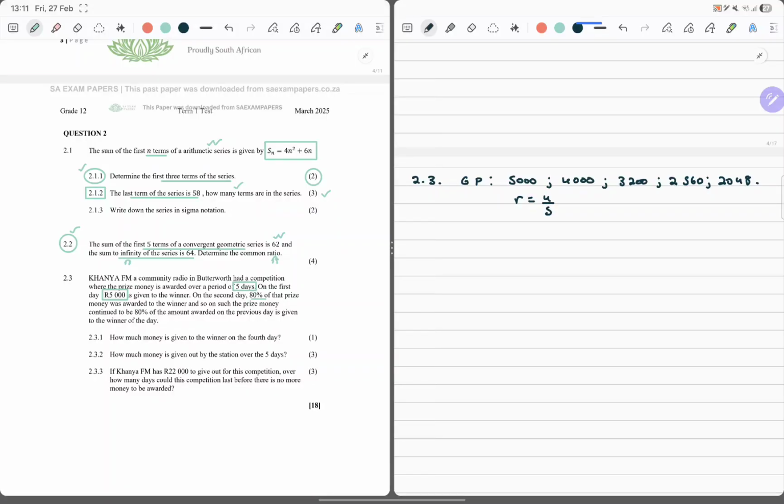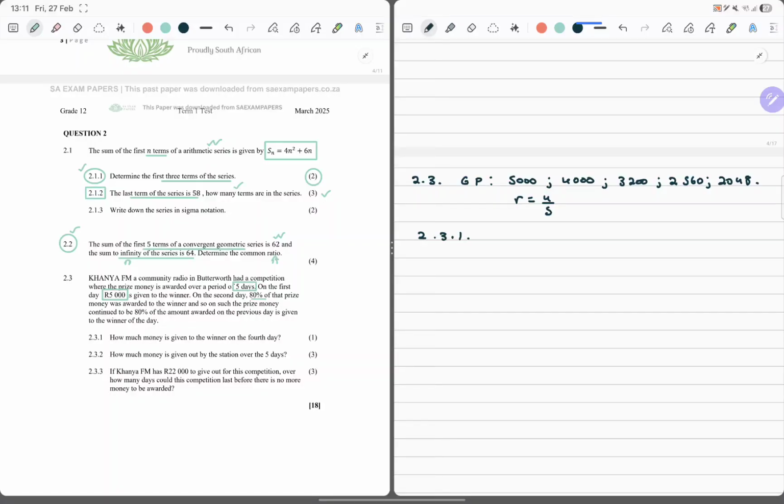Of course, we can just take 80 over 100. 20 goes into 80 four times, and into 100 five times. Yes, see? Easy things, guys. You don't need to crack your skull.